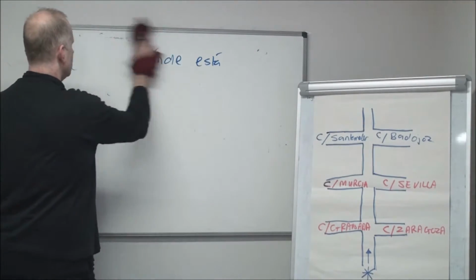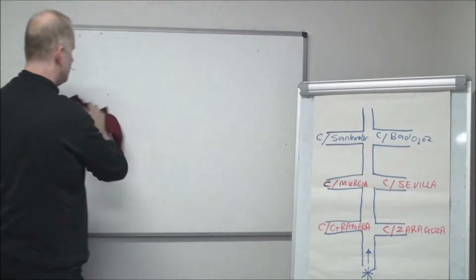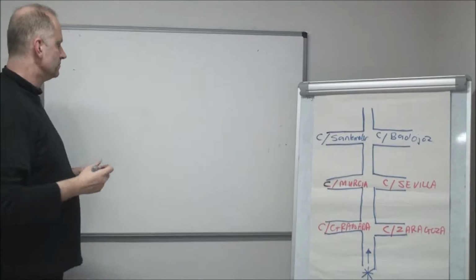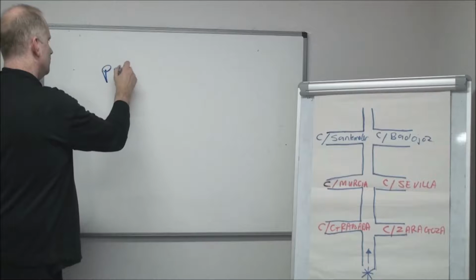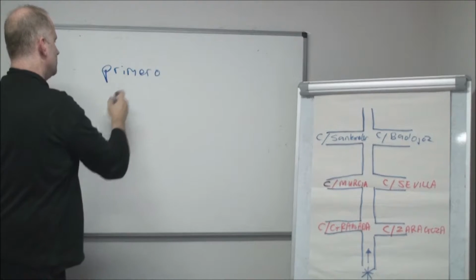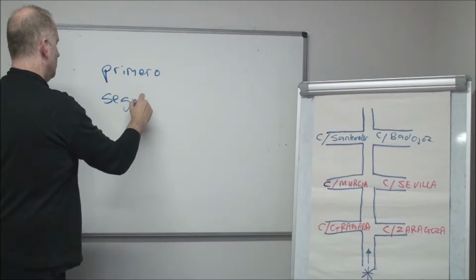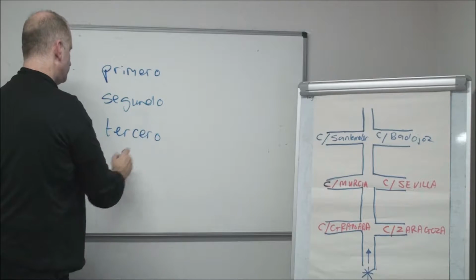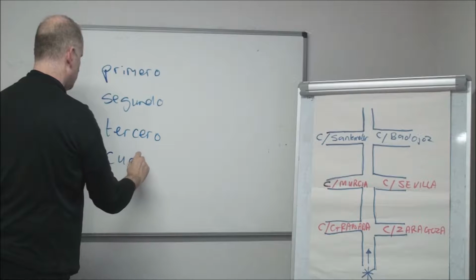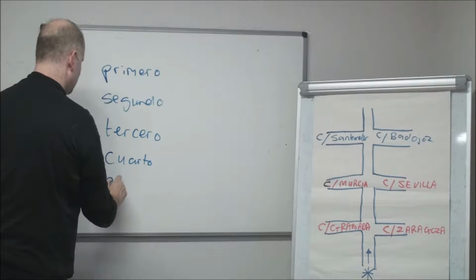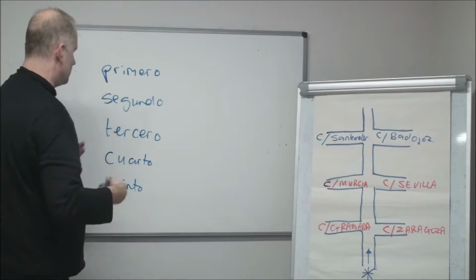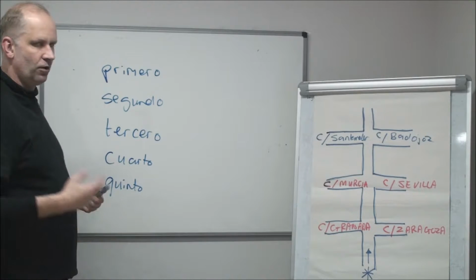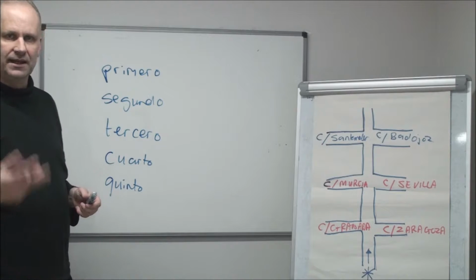What you would do is use the words for first, second, third, etc. First is primero, second is segundo, third is tercero, fourth is cuarto, and fifth quinto. I don't think you're going to need too many. You can keep learning them: sexto, séptimo, octavo, noveno, décimo.